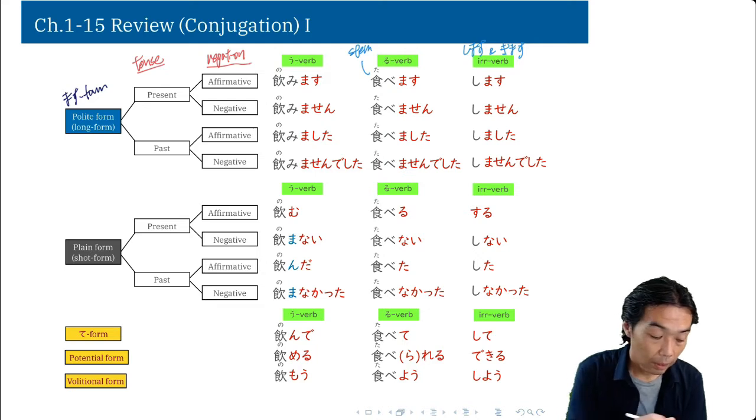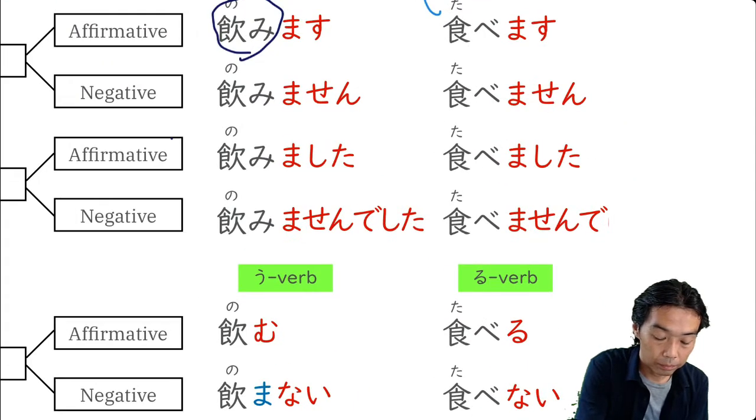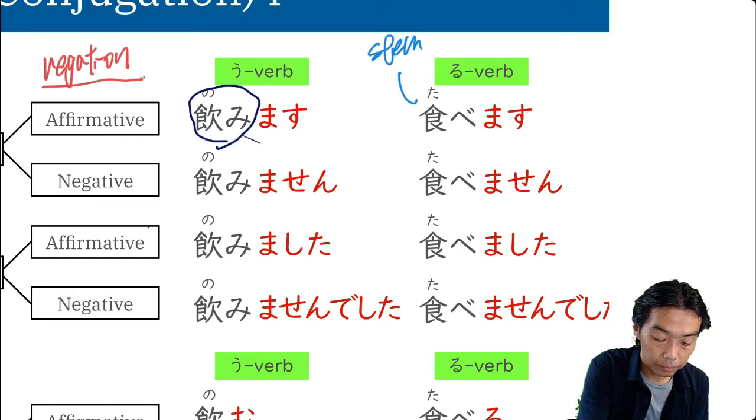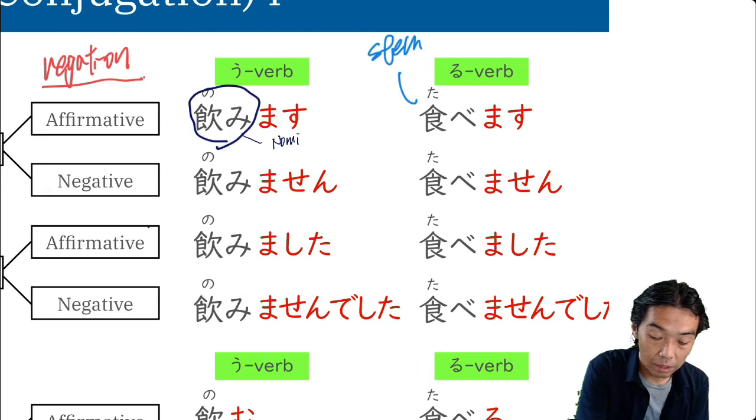Let's take a look at nomimasu. If you look at the nomi, it's nomi, right? And if you look at the stem of tabe, this is tabe.